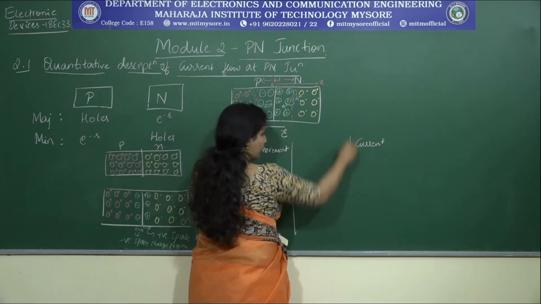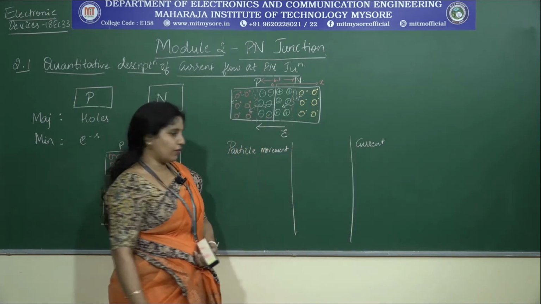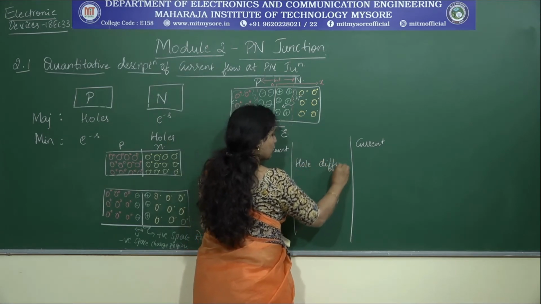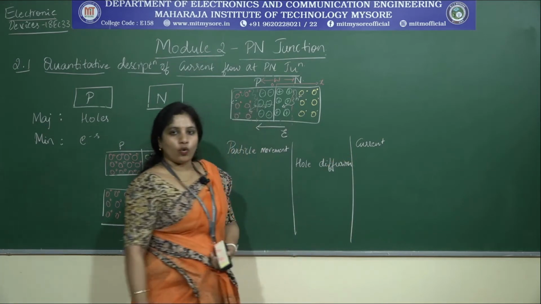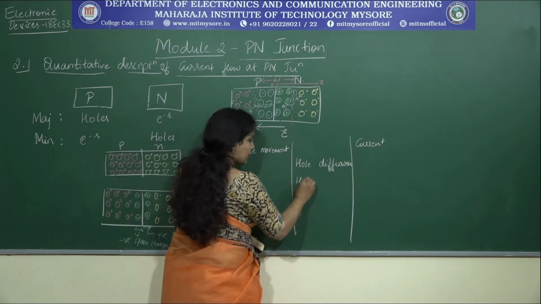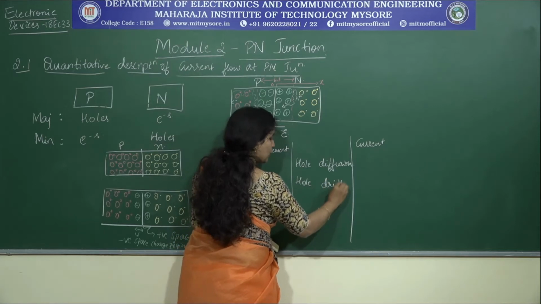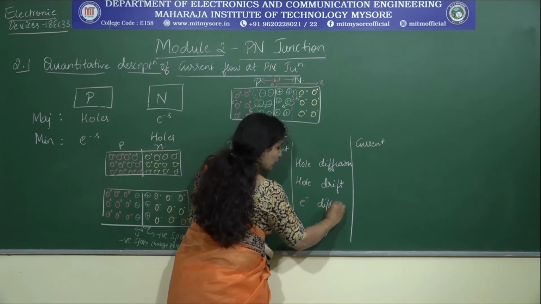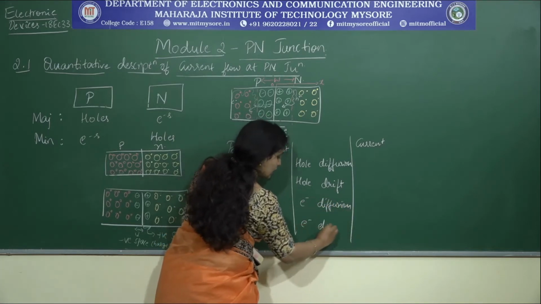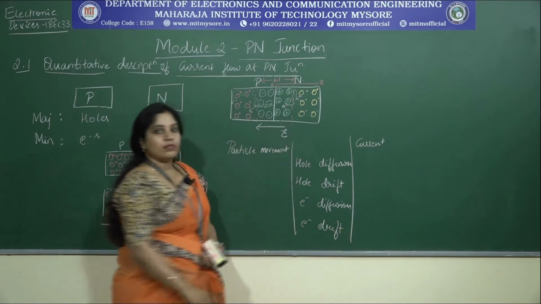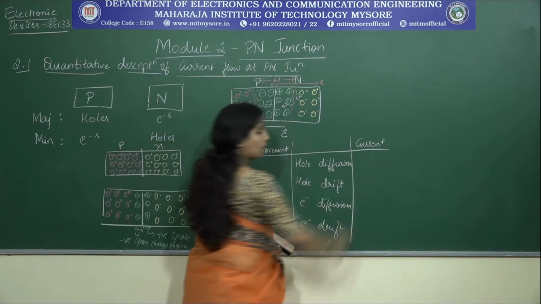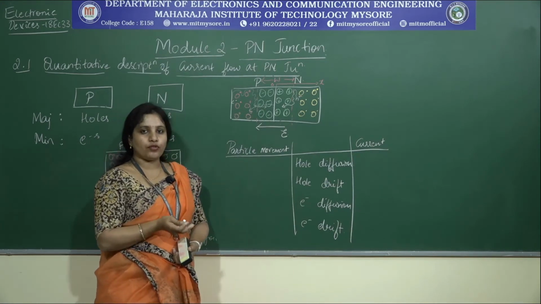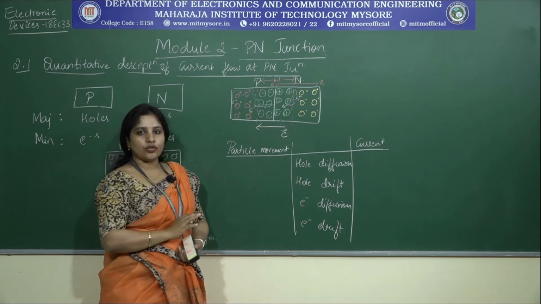Let me consider 4 different factors: the hole diffusion, then the hole drift, then the electron diffusion, and then the electron drift. Now stay with me and try to understand this. It is very simple, but if you look at the table it seems confusing, while if you know the concept it is very easy to understand.